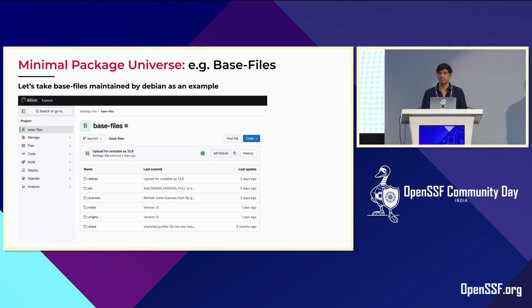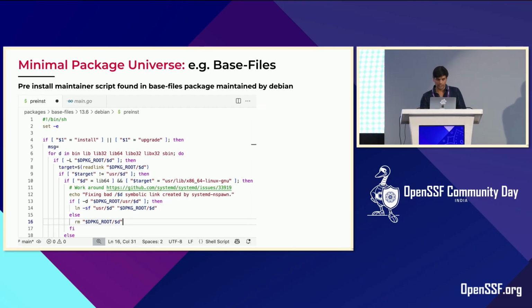Whereas base files is just the file system layout. It should not require anything. And if you want to build a container from scratch, the first package that you need to add to your container is base files.